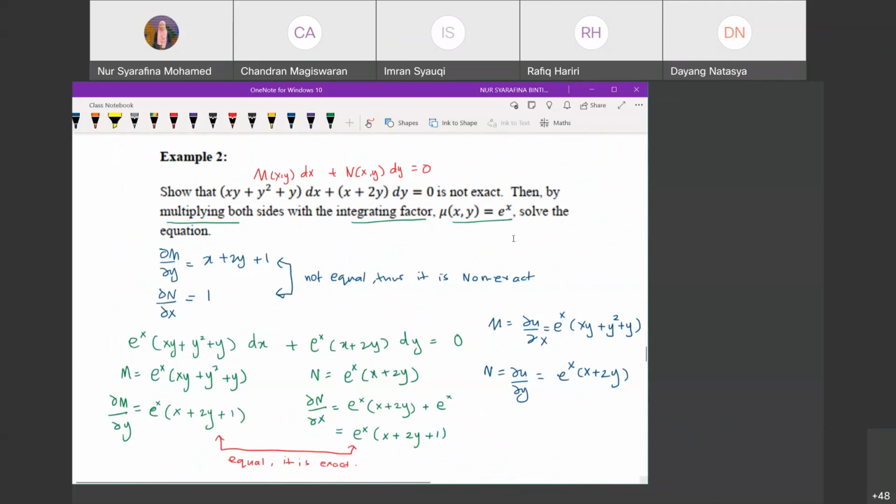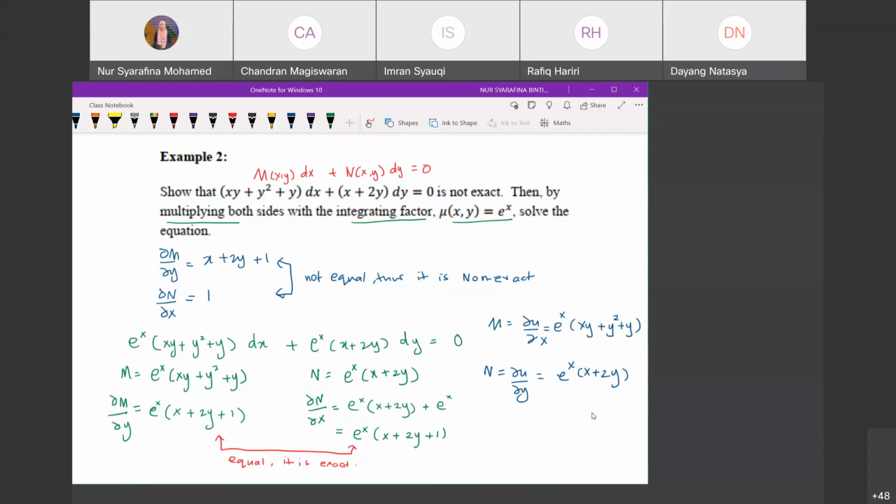But now you can choose which function you can integrate easily, M or N, del u del x or del u del y. In method 1, you just need to choose one function to integrate. So which function is easier to integrate? M or N?